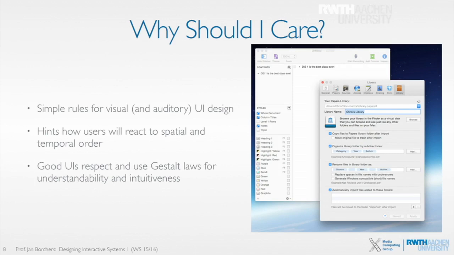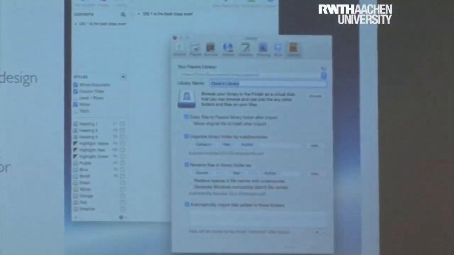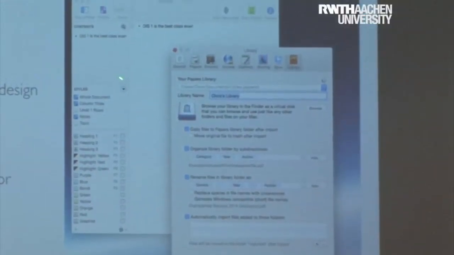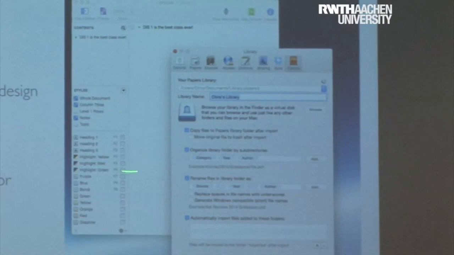Because, well, if you look at this, for example, it's immediately apparent to us, well, these are 2 windows lying on top of each other. And I have here 3 areas that are divided by lines. I have here some icons that are connected to a description and a checkbox that I have here.